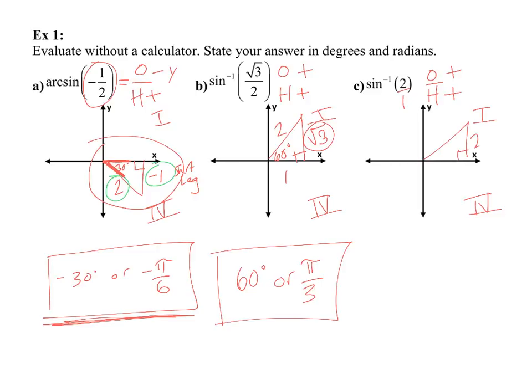That's 2, and that's 1. Now right away something should stand out. Can any of the legs ever have a length greater than that of the hypotenuse? No, that is not possible. And if that's the case, then there's simply no solution to this problem.